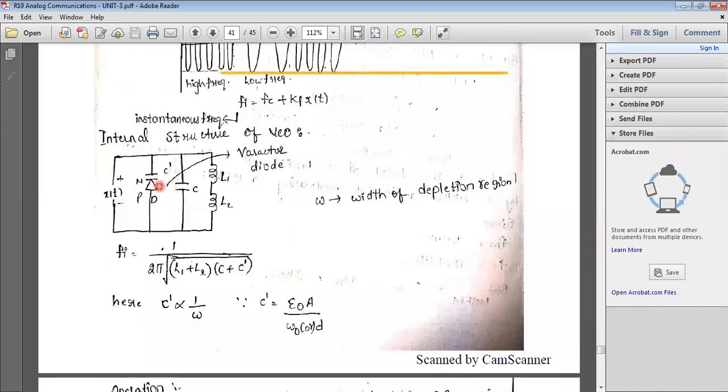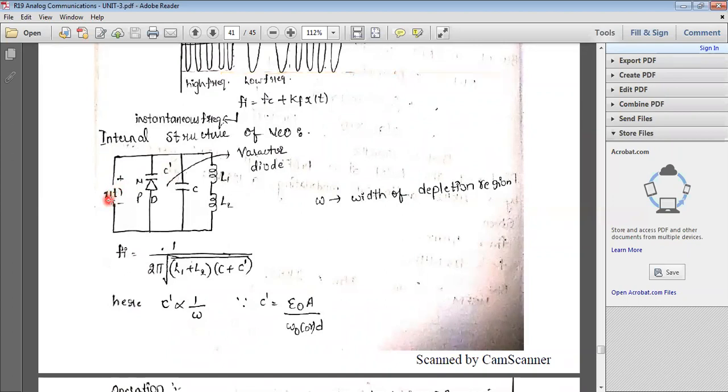Varactor diode capacitance. How does this capacitance change? By changing this value, the frequency automatically varies. This capacitance varies in accordance with the applied input voltage.